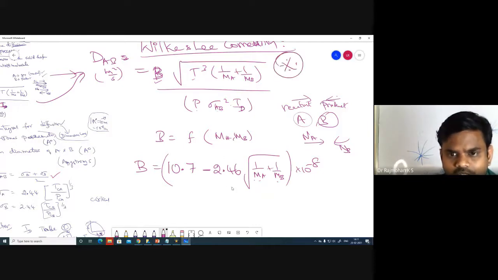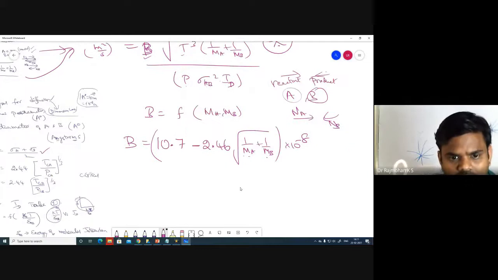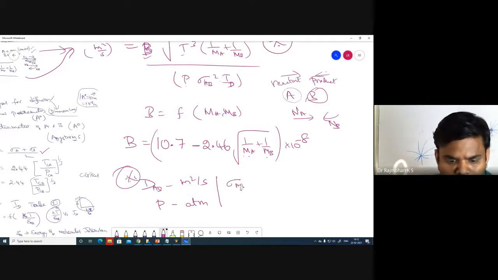Okay, so this equation means let us write all the terms. Here DAB is in meter square per second. B term, leave it. P is in atmosphere, we have to substitute. Important is that in this correlation we have to substitute the corresponding units. Sigma AB is having the unit of angstroms, that is again the Lennard Jones parameter.